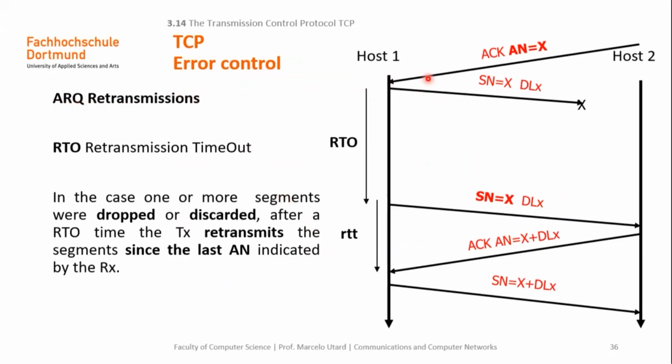Automatic repeat on query means that, for instance, the receiver is saying to the transmitter that the next octet that the receiver expects to receive is the sequence number X. Then the transmitter sends the data that starts with the sequence number X. But for instance, the data couldn't arrive to host 2, or perhaps arrives to host 2 but altered with errors.